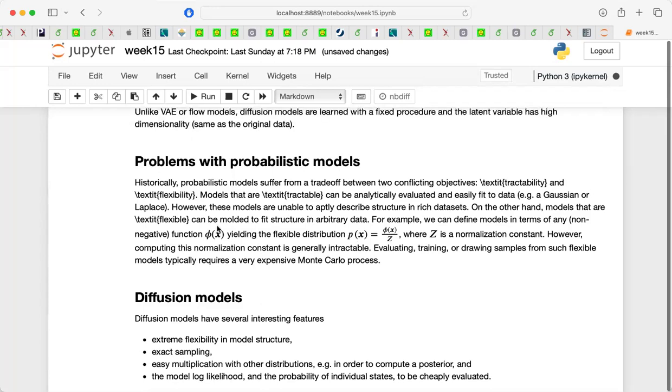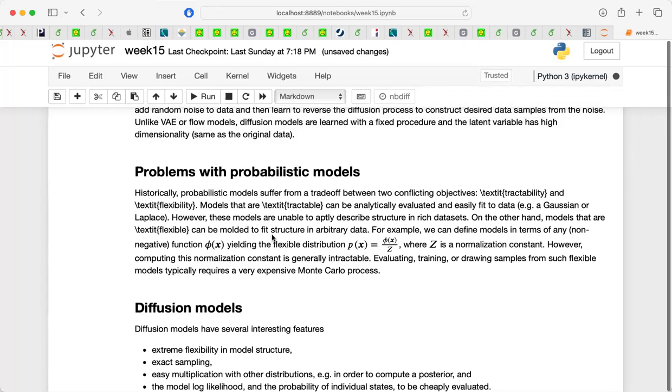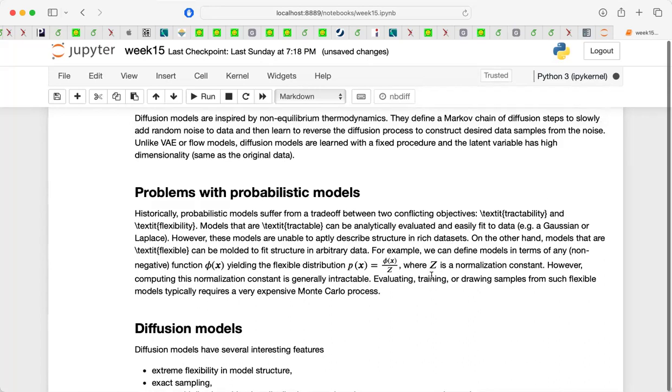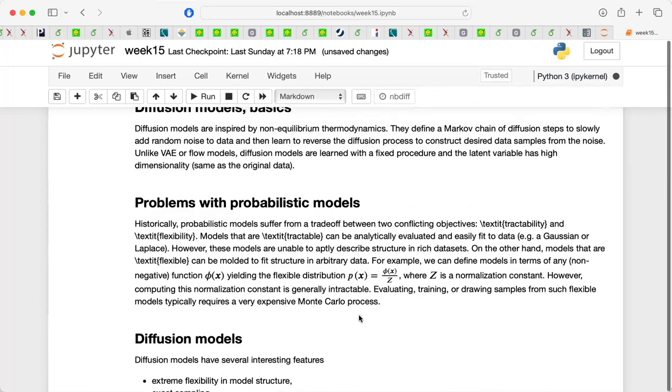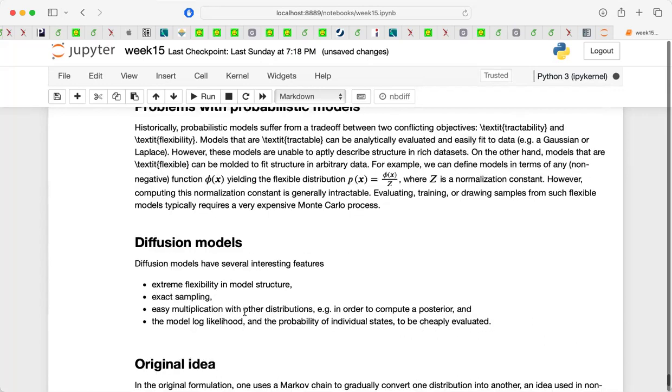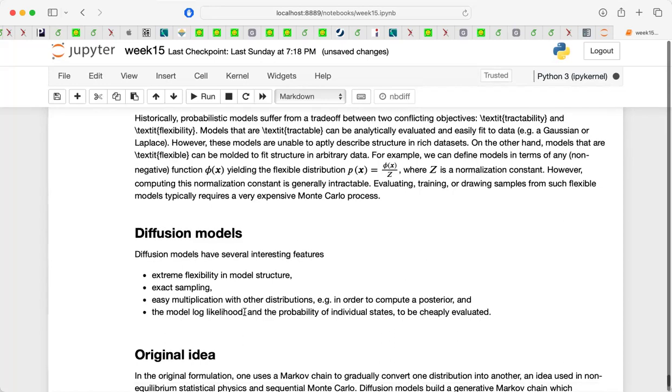And models which are flexible can actually be tailored to fit the structure in arbitrary data. However, if you recall the discussions we had about Boltzmann machines, we need to deal with the normalization constant, and we also need to have a model for this phi here, which gives us this flexible distribution. Computing the normalization constant is normally intractable. So what do diffusion models actually promise?